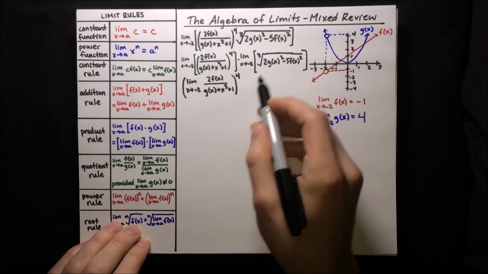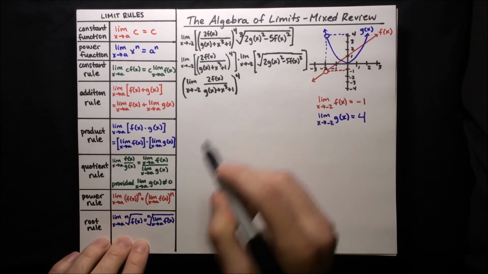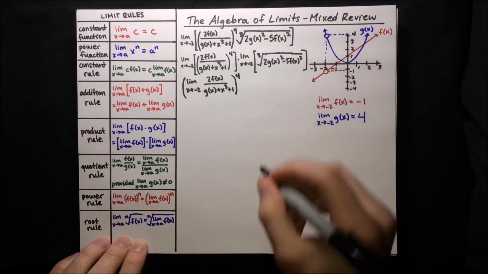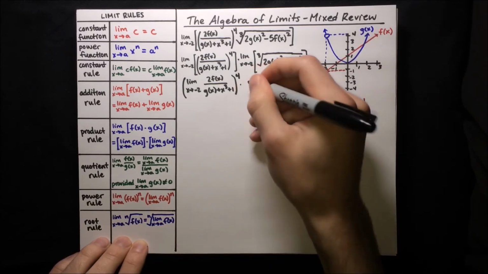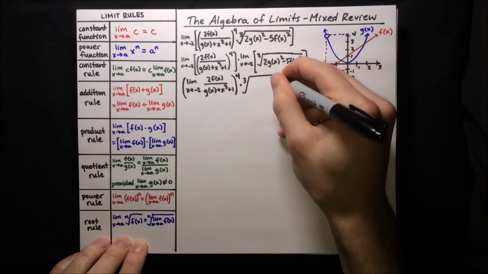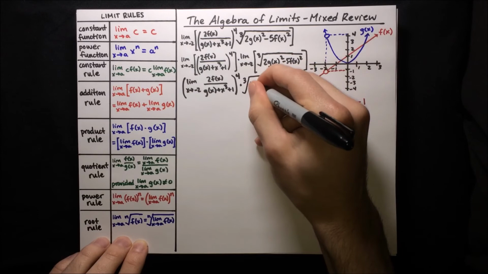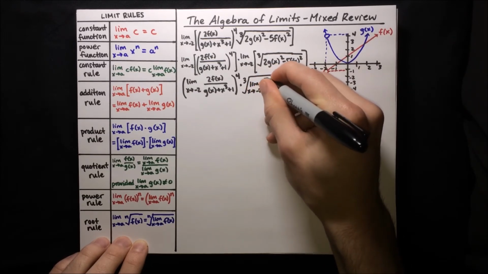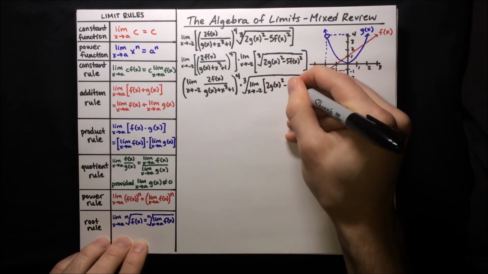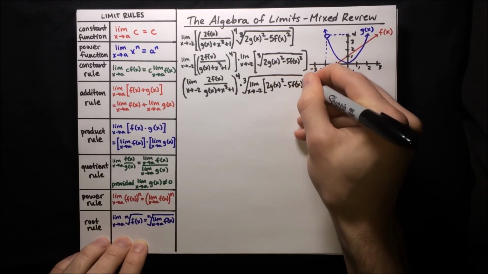And then it's the same idea with this root. We have a root rule, which tells us that we can do the same thing. We can move the limit inside. So times the cube root of the limit as x approaches -2 of 2g of x squared minus 5f of x squared.